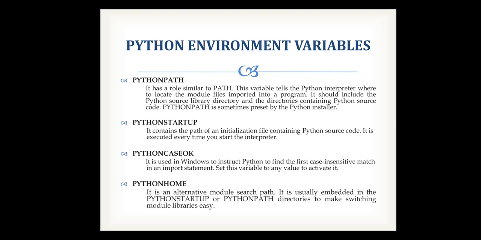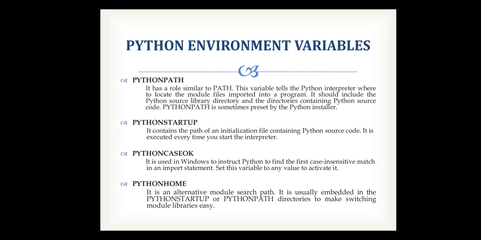Next, how to set Python environment variables. Here are the four basic Python environment variables. First is PYTHONPATH. It has a role similar to PATH. This variable tells the Python interpreter where to locate the module files imported into a program. It should include the Python source library directory and the directories containing Python source code.